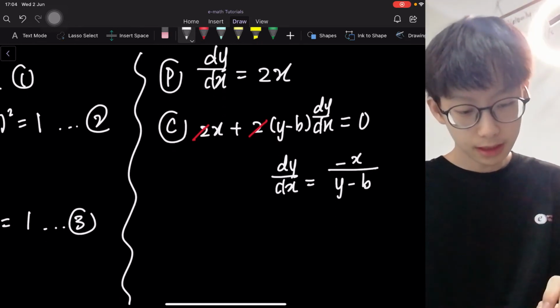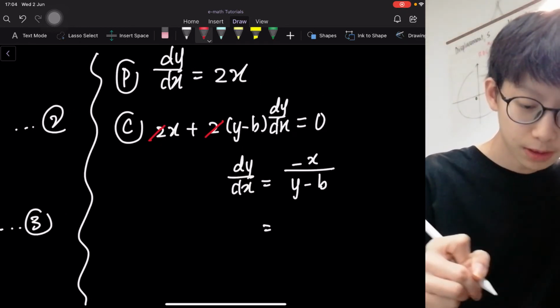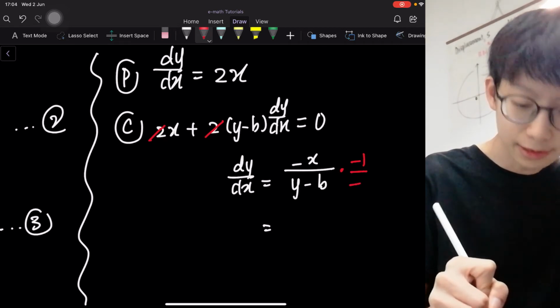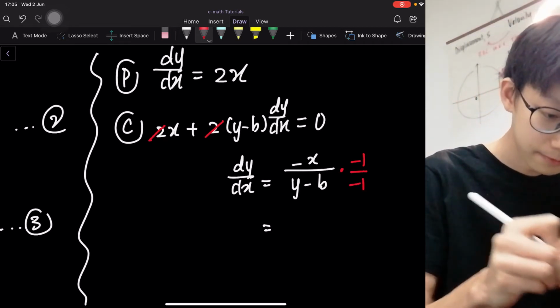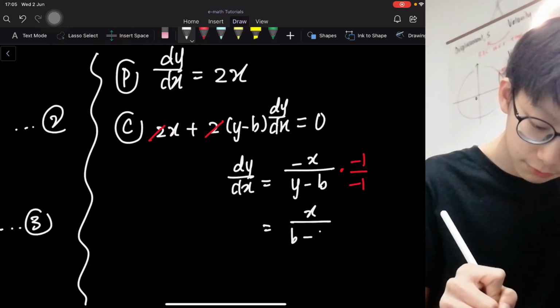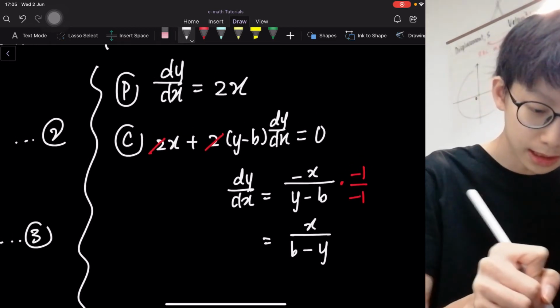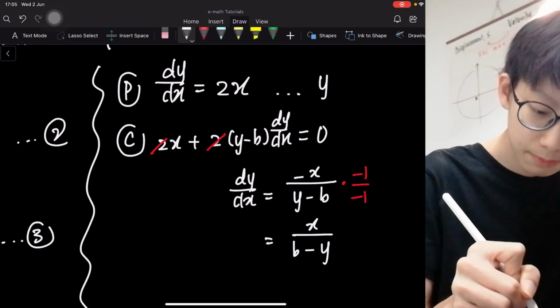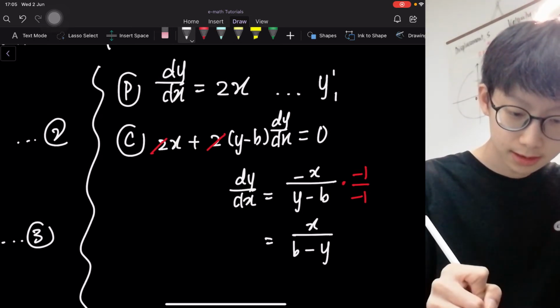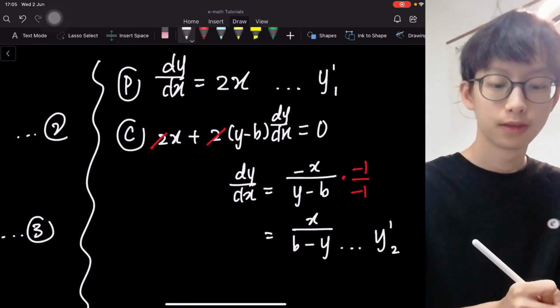And you know what? I think I will multiply both top and bottom by negative 1. And you'll see why later. x over b minus y now. So let's call this y prime 1, and this is y prime 2.